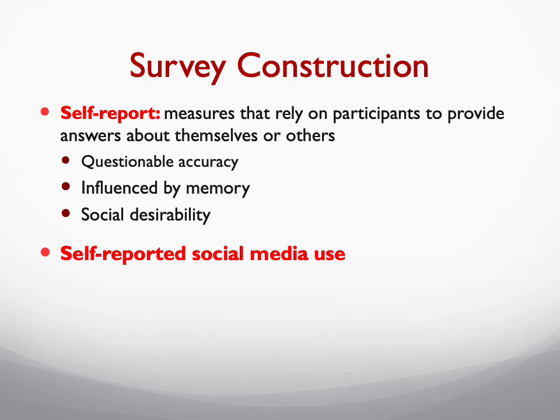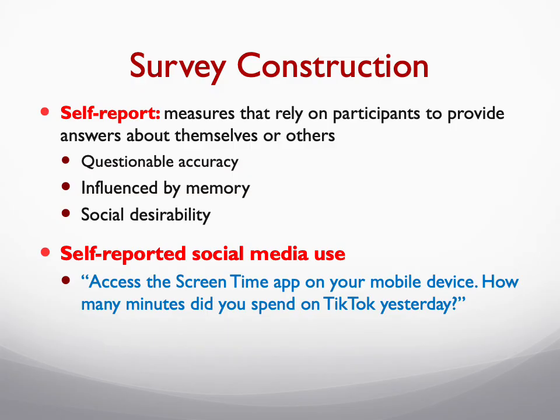Now, an alternative approach, a slightly fancier approach, is to say, I recognize that people are going to be bad at remembering or estimating how much they used different social media apps yesterday. And so instead, I'm going to say, hey, log into your screen time app on your mobile device, and tell me how many minutes it says you spent on TikTok yesterday.